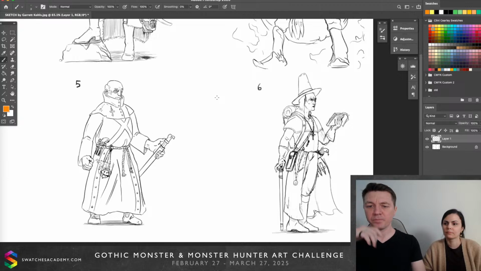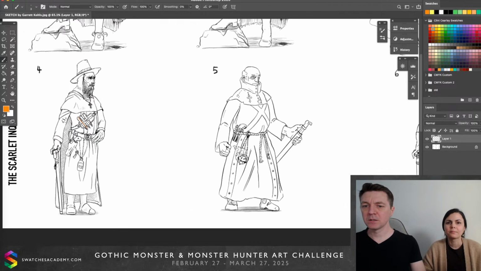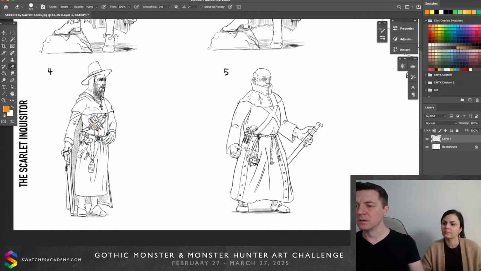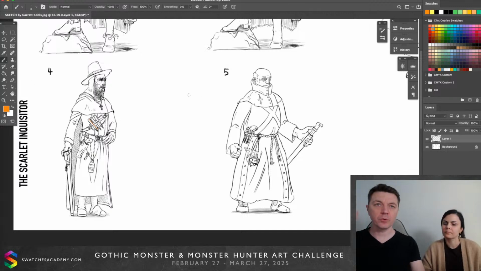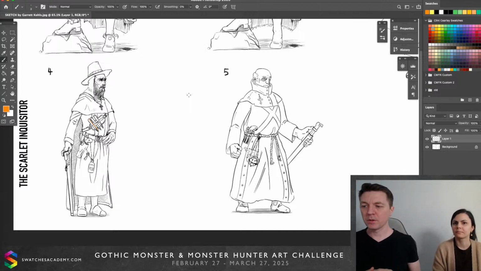And I suggest that if a character has a hallmark weapon, like they're known for this weapon, the silver bladed cane sword, we probably need to feature that a little more.